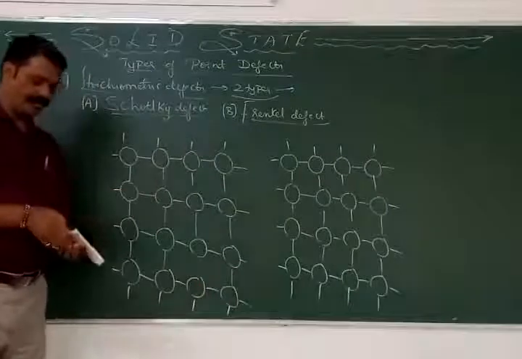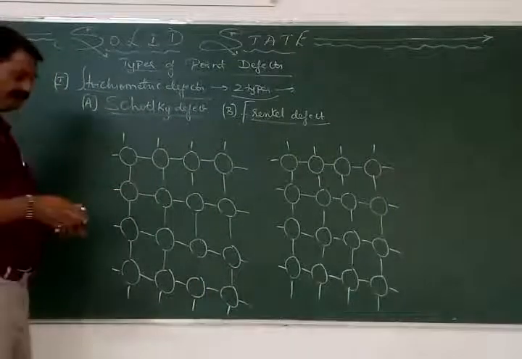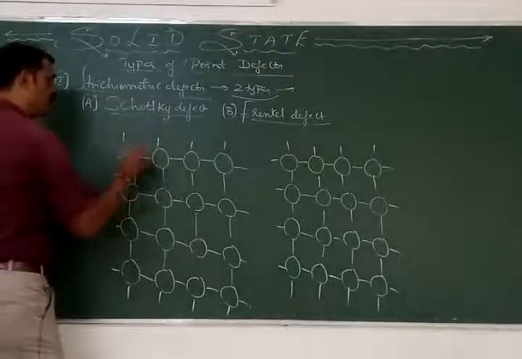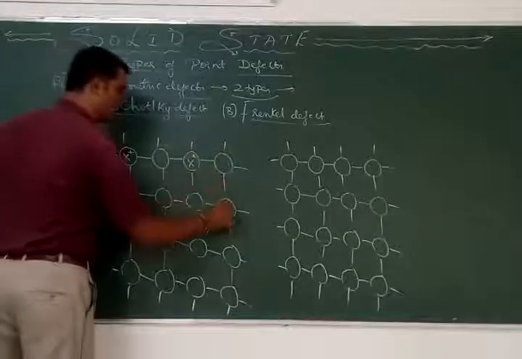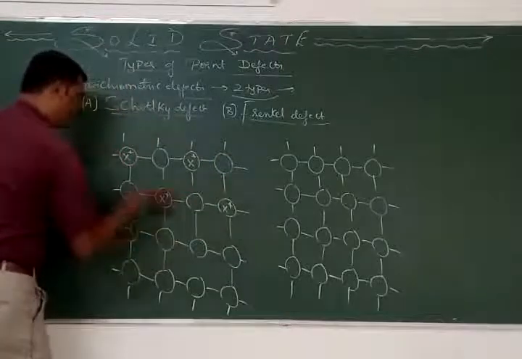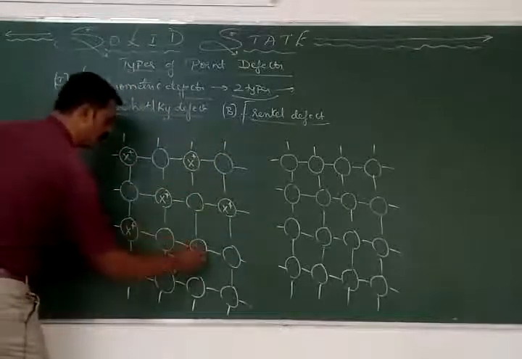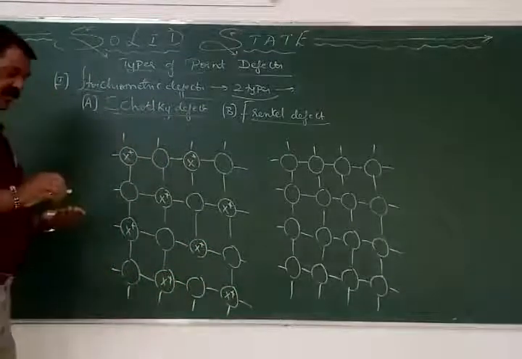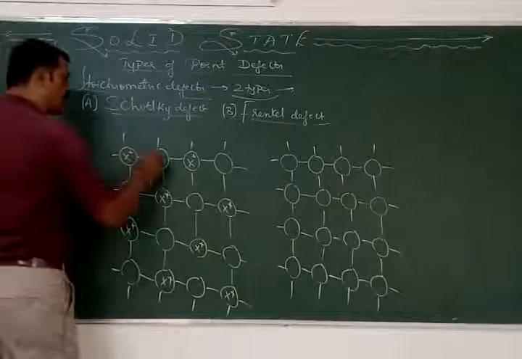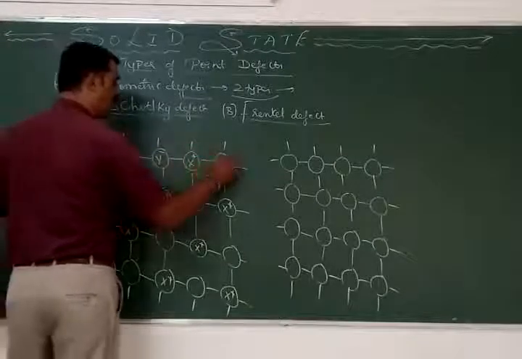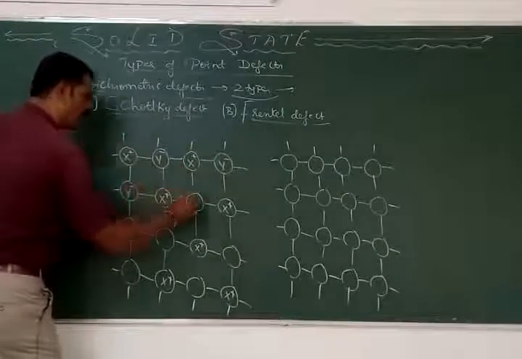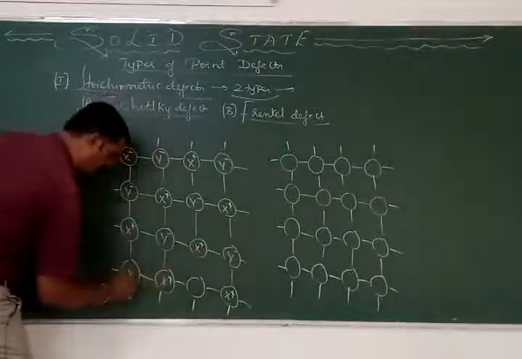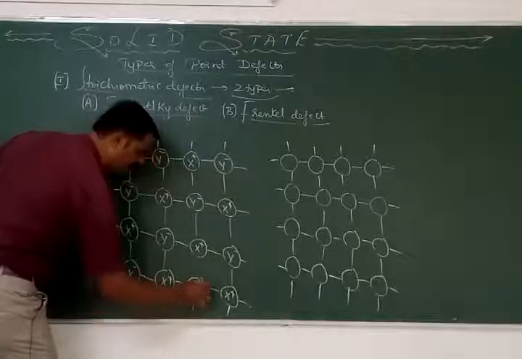So now all are vacant here. X plus, x plus, x plus, x plus, x plus, x plus, x plus and x plus. Let us take this as y minus, y minus, y minus, y minus, y minus, y minus, y minus, y minus.